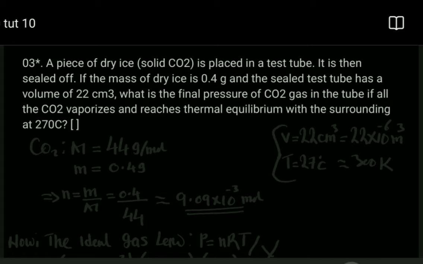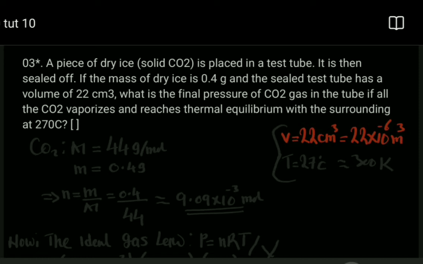Okay. So the first step is to actually find the number of moles and also to consider the data that we were given in the question. So the volume of that test tube is V equals 22 cubic centimeters. We convert it to standard units: 22 times 10 to the minus 6 cubic meters.